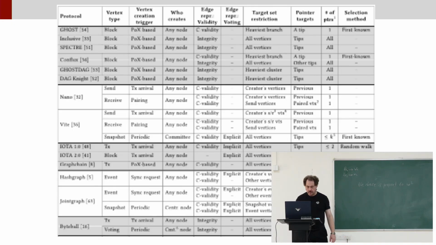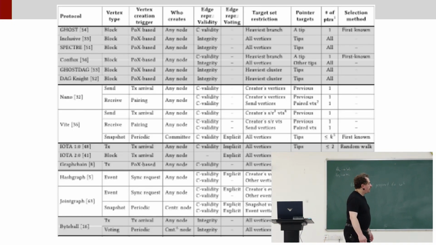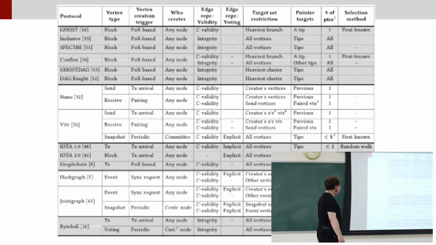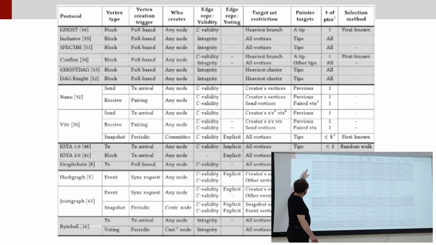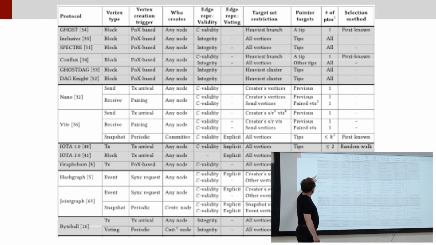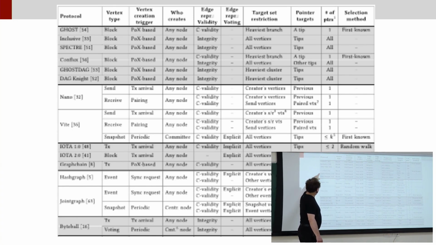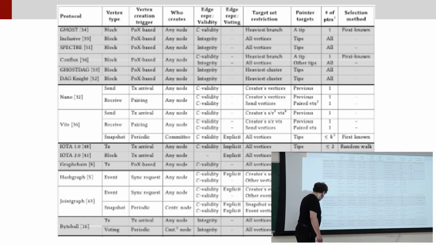So here you can see a table with different DAG-based systems: Ghost, Inclusive, Spectre, Ghost DAG, DAG-Night, Conflux, Nano, Vita, Graph Chain, Hash Graph, Joint Graph, and Byteball.